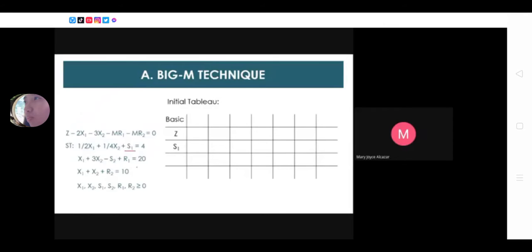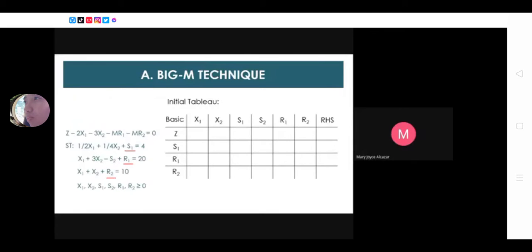Then for the second constraint, since S2 is negative, it cannot play the role of a basic variable, so we will use R1. Then for the third constraint, that is R2. Then for the column headings, you will put all your identified variables: x1, x2, S1, S2, R1, R2, and RHS.